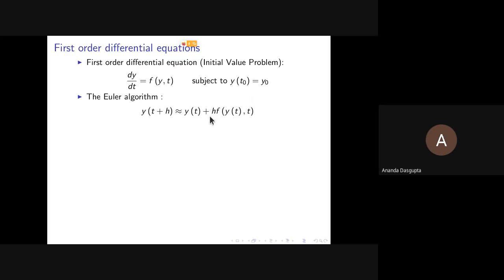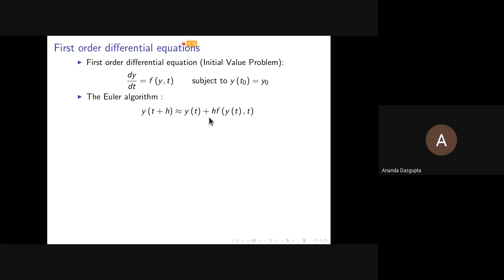What is this quantity? This h is simply the time interval, and f is the derivative at the beginning of the interval. You're saying at time t, take the value of y, take the value of t, and calculate f with that. That, of course, is the derivative at time t.